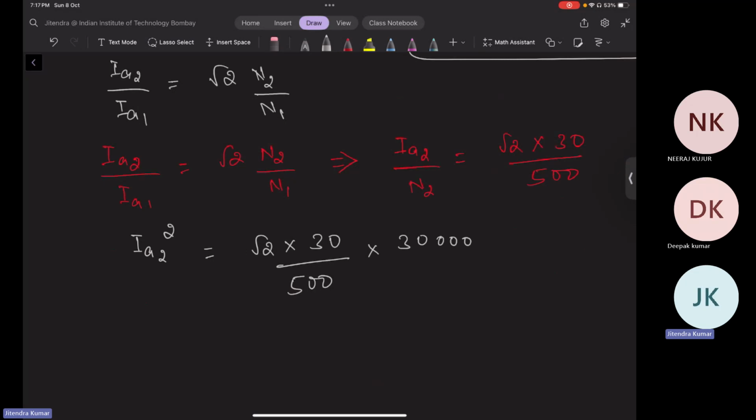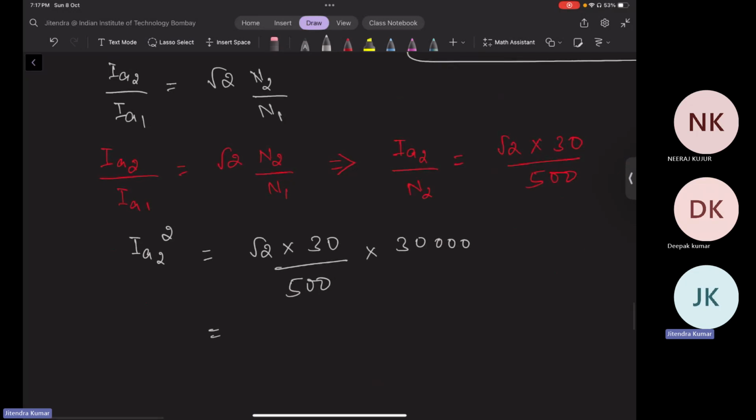So far so good, I guess. We are not committing any mistake. We have to double check. IA2 by N2 is equal to root 2 into 30 divided by 500.